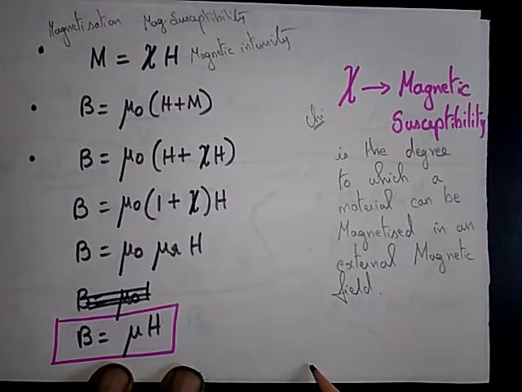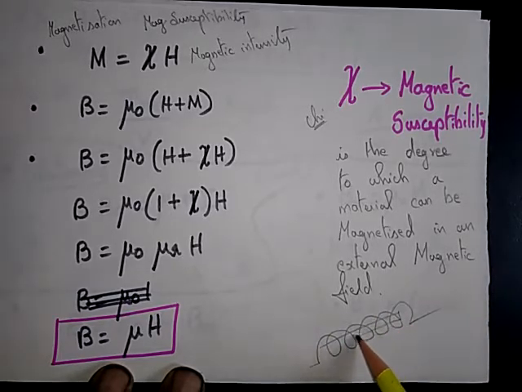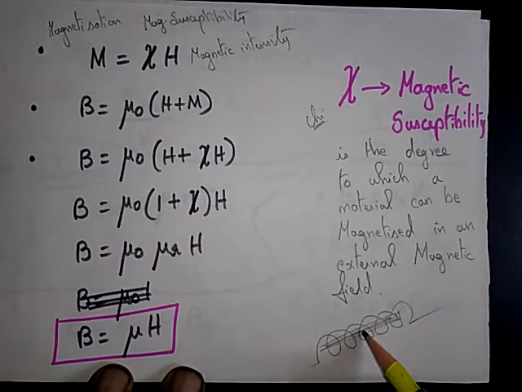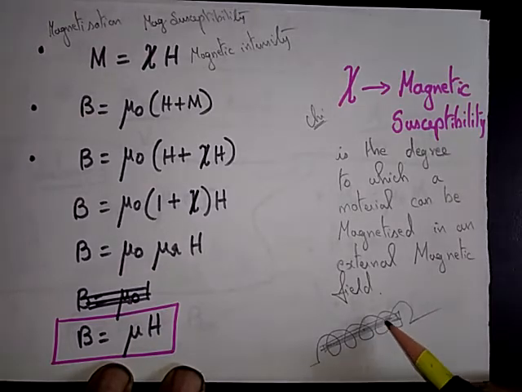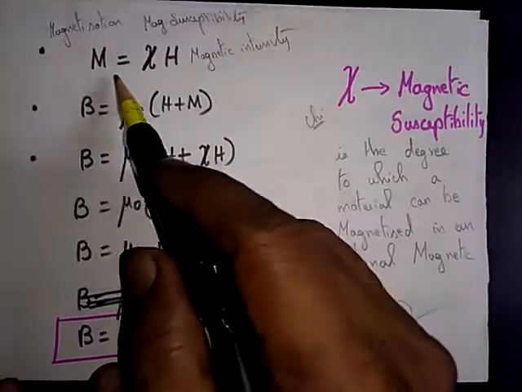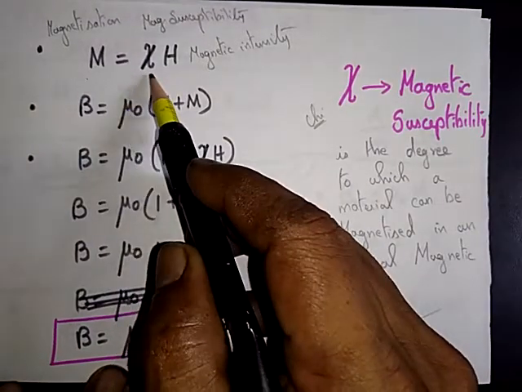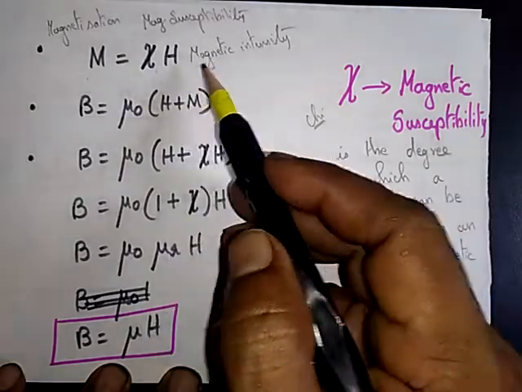That means you have a coil and there is a core which is made up of some material. So the magnetic flux density of that core depends on the material we are going to use. Therefore, we are defining a new term called magnetic susceptibility. So magnetization is equal to magnetic susceptibility into magnetic intensity H.